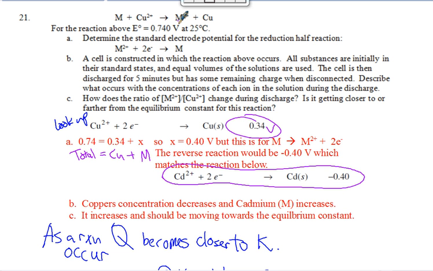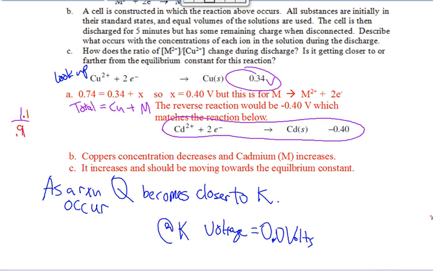Well, right now the ratio is probably 1 to 1, but as it discharges, the value of the cadmium should increase and the value of the copper should decrease. Therefore the ratio slowly increases, and it would keep going until it reached the equilibrium constant.